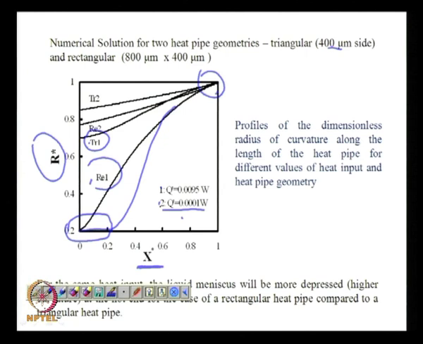So, theoretical prediction of the dry-out region or dry spot is extremely important for the design and performance of a micro heat pipe, and since this model is very simple, I thought that you would be able to appreciate the rather simple application of transport phenomena fundamentals into this.